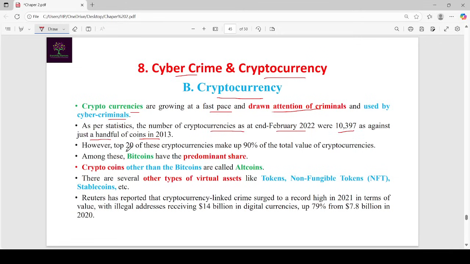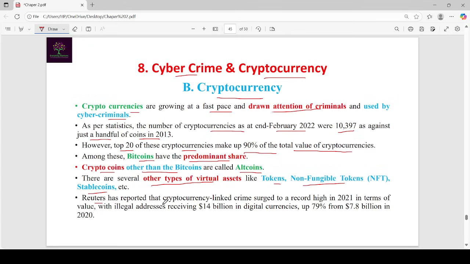However, the top 20 of these make up 90% of the total value of cryptocurrencies. Among these, bitcoin has the predominant share. Cryptocurrencies other than bitcoin are called altcoins. There are several other types of virtual assets like tokens, non-fungible tokens, stable coins, etc.